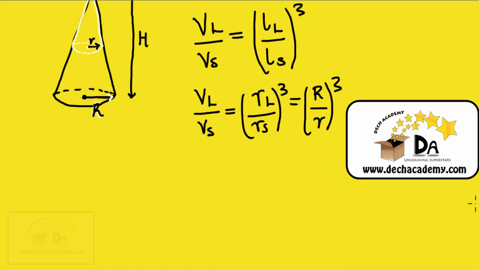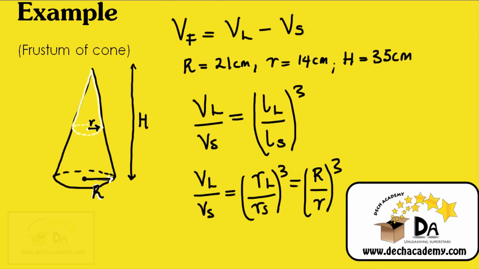We're given enough information to determine the volume of the large cone. We're given the radius of its circular base, and we're given its vertical height. So 21 centimeters for the radius of the circular base of the large cone, and vertical height of 35 centimeters.